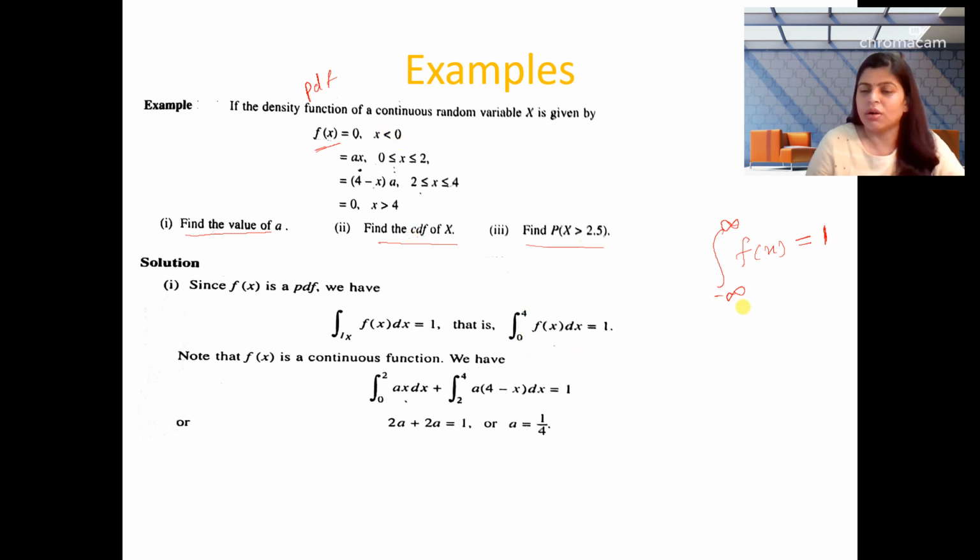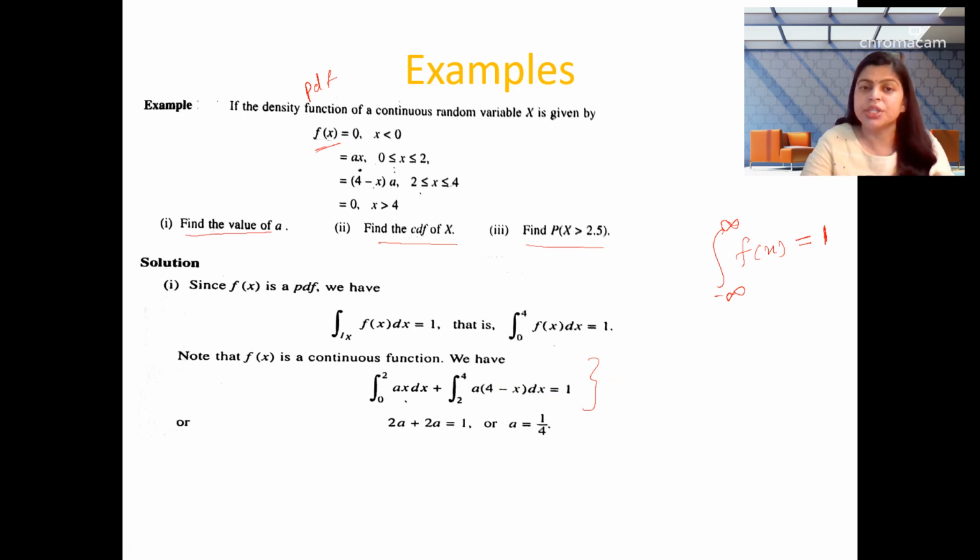If it is not given from minus infinity to something, then you have to use those limits. Okay, so here the limits are from 0 to 4. Okay, so you will integrate it and you will get the value of A. I hope you would be able to do this thing. Integration is very easy here.